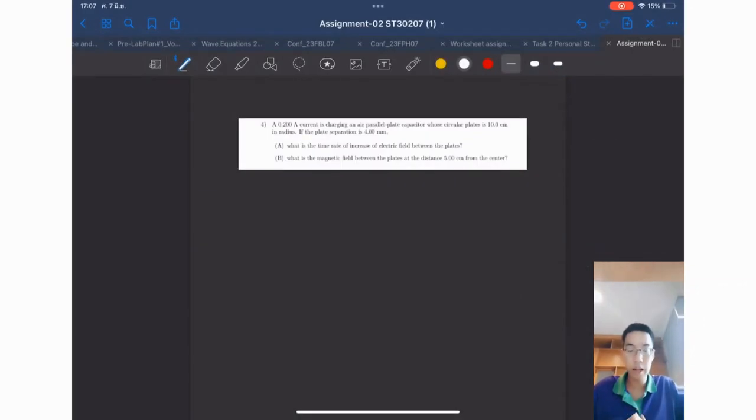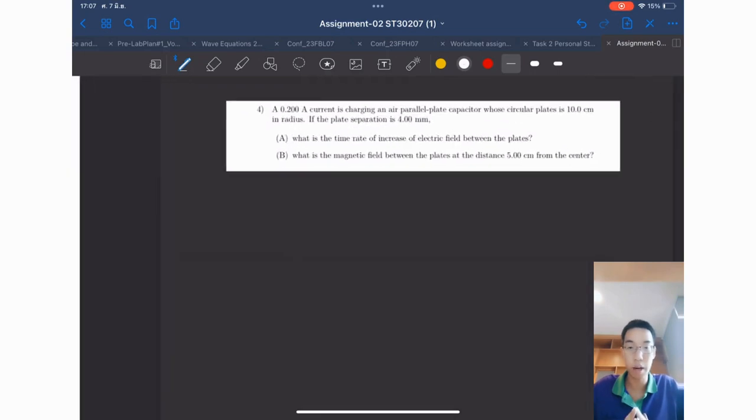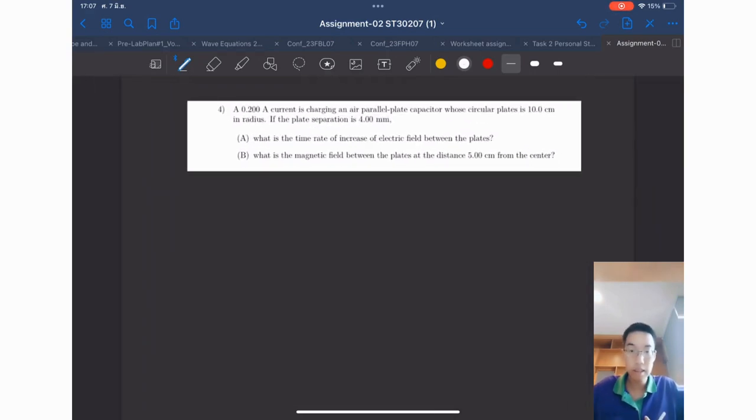Hello guys, today I'm going to be talking about the first question of my physics problem regarding the Maxwell equation or capacitor. The first question can be divided into 5 parts. Part A asks about dE over dt.